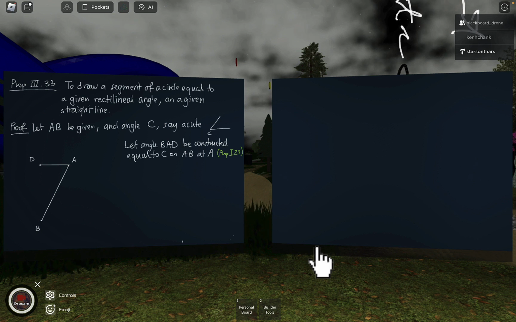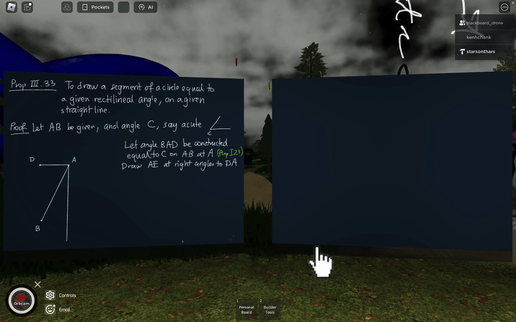But we can construct this such that BAD is equal to C. Okay, so BAD is acute, and then we draw AE at right angles to DA, as far as we like.